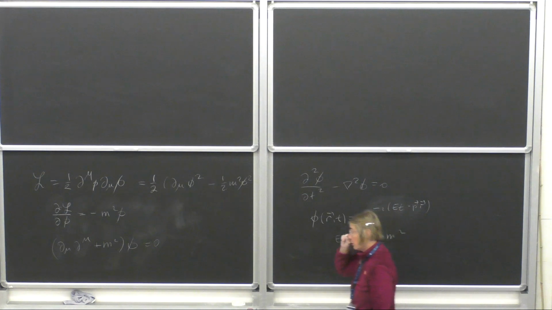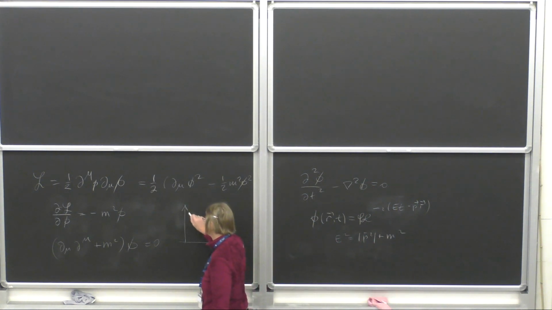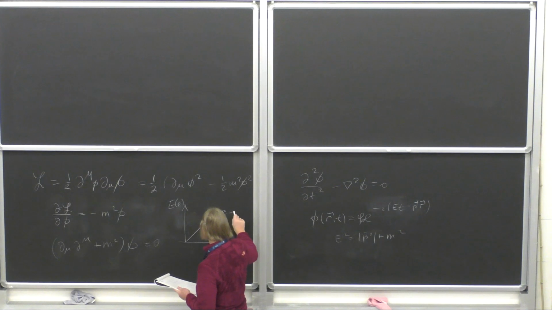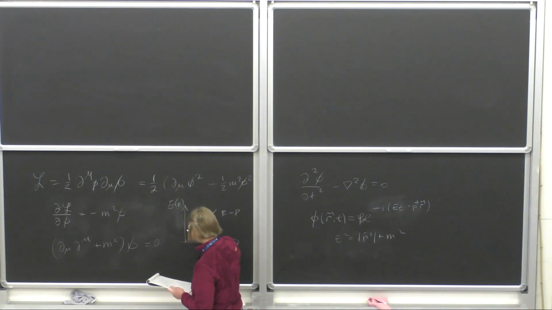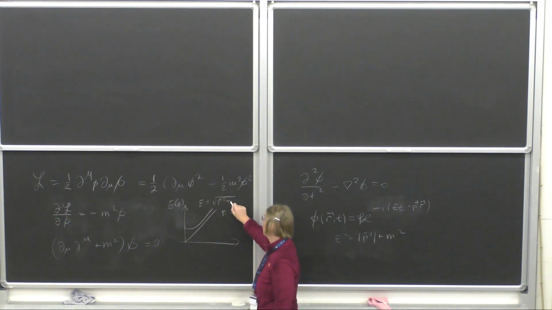Let's just draw how it looks. This is going to be our E. If there is no mass, E is equal to just p. And if you do have a mass, it looks something like this: E equals the square root of p squared plus m squared.